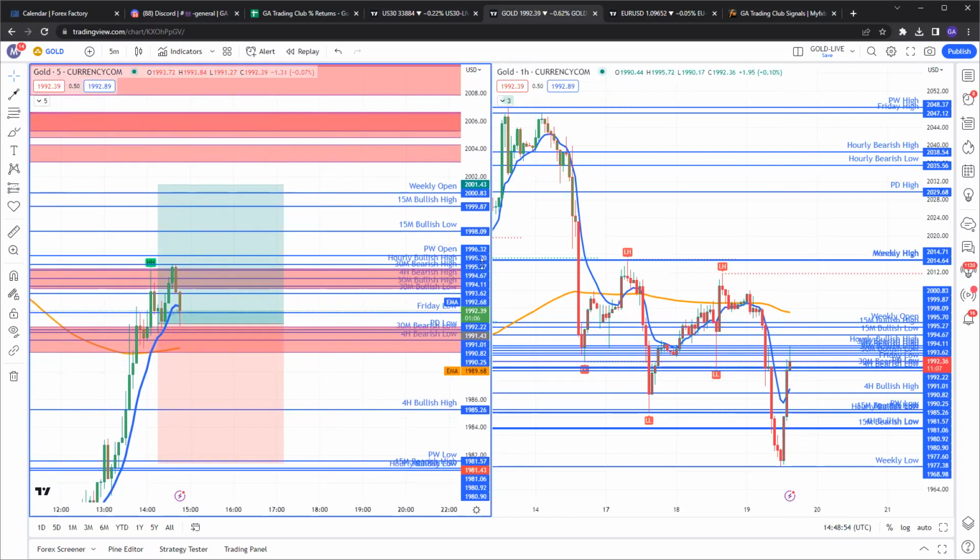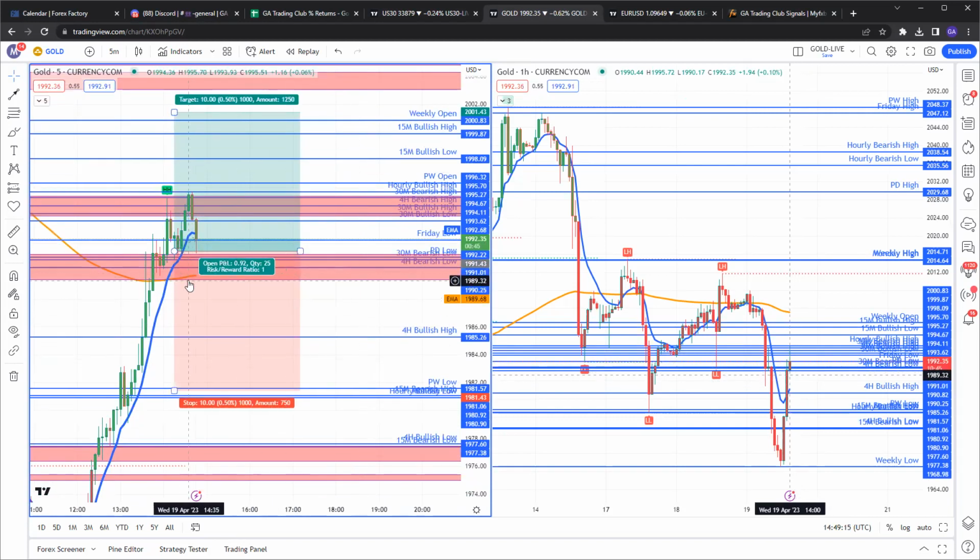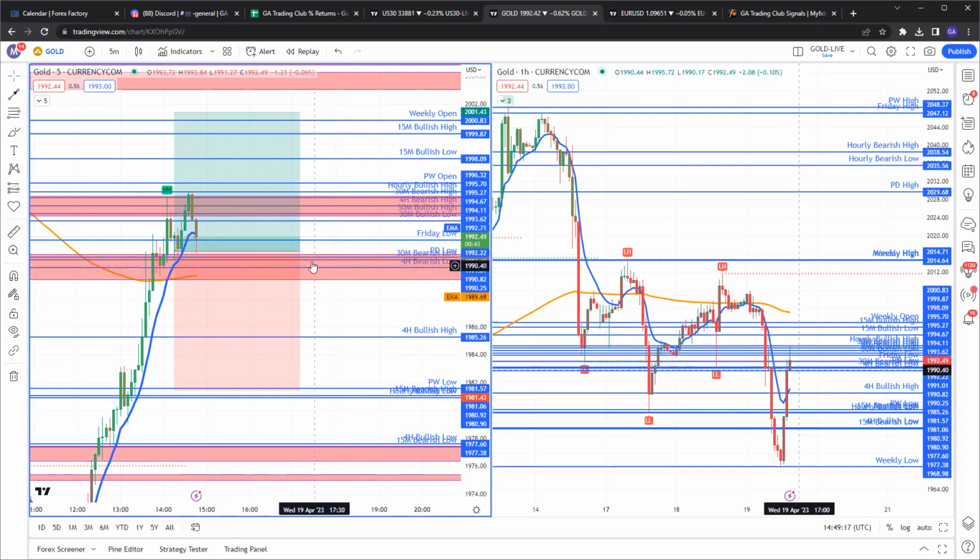The only time you should be concerned is if price closes below the 30-minute bearish low, below the 4-hour bearish low. So if price closes below 1989 on the 5-minute, that is where you need to be careful about this trade, because that will mean price will have closed below the 9 EMA, below the 200 EMA, and below a supply zone.